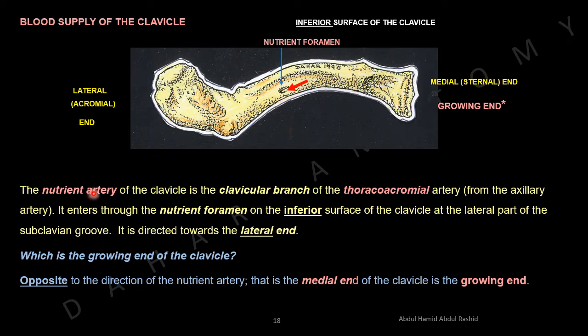The nutrient artery of the clavicle is the clavicular branch of the thoracoacromial artery coming from the axillary artery. It enters through the nutrient foramen on the inferior surface of the clavicle and is directed towards the lateral end.